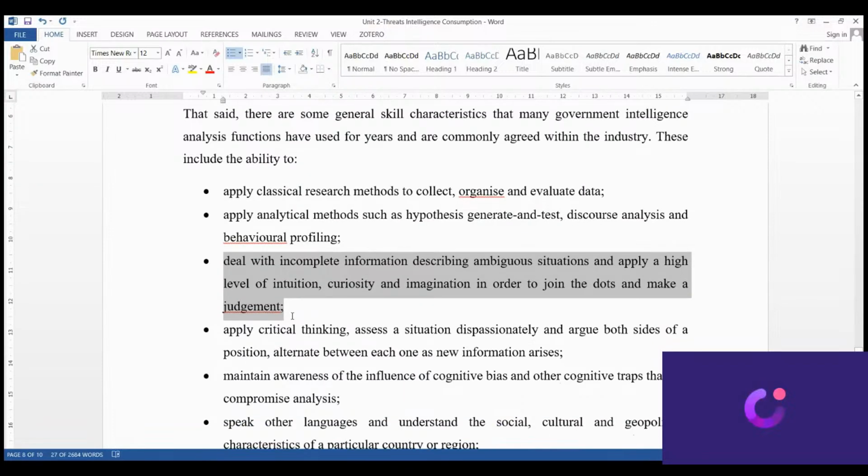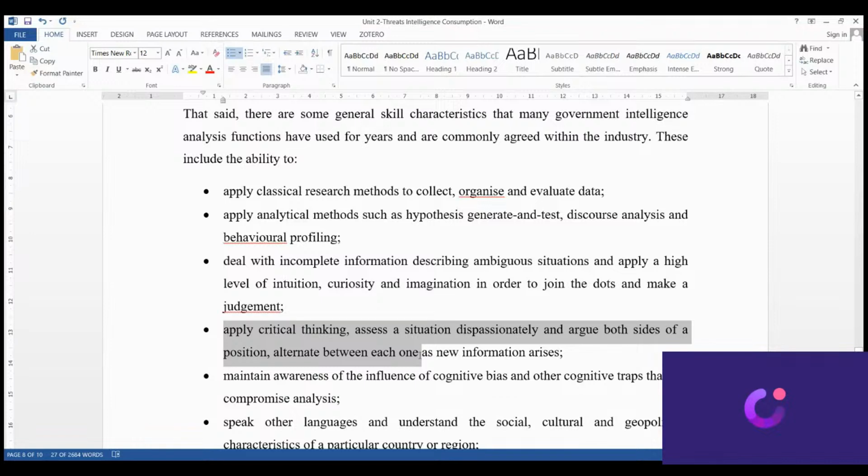Then you need to apply critical thinking to assess a situation dispassionately and argue both sides of the position. You alternate between each one as new information arises.